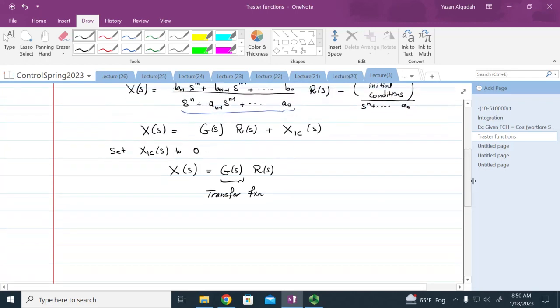Everybody with me? Anybody confused? Yes, no? Not yet? Okay. So therefore, what is the transfer function? It is the ratio between the Laplace transform of output to the Laplace transform of input when all the initial conditions are set to 0.